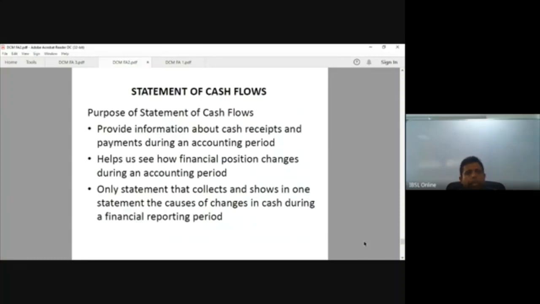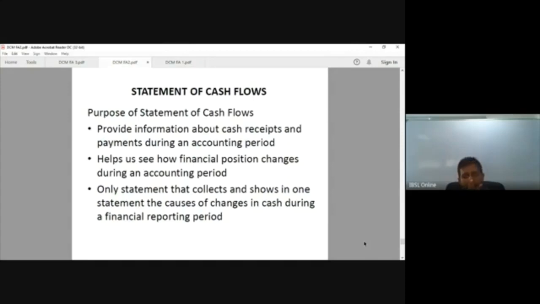Then the statement of cash flows. Cash flow is also a very important statement, but normally people don't pay much attention to it.